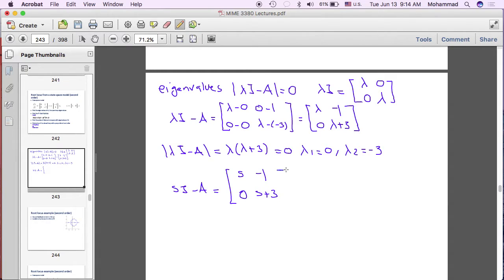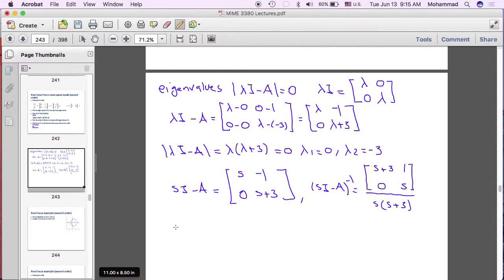That's sI minus A. Now, what we need is sI minus A inverse. The inverse of a 2 by 2 matrix is you swap the diagonal terms, so this becomes s plus 3, and change the sign of the off-diagonal term, and you divide by the determinant. The determinant we already found is s times s plus 3. So this is sI minus A inverse.